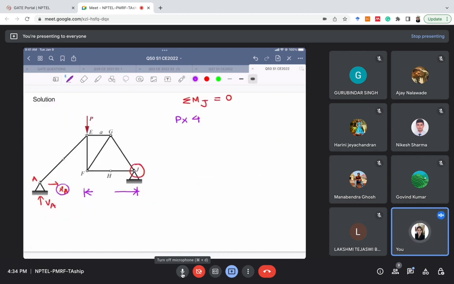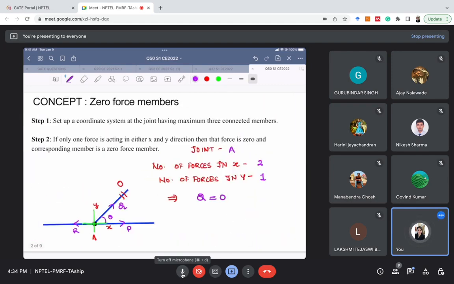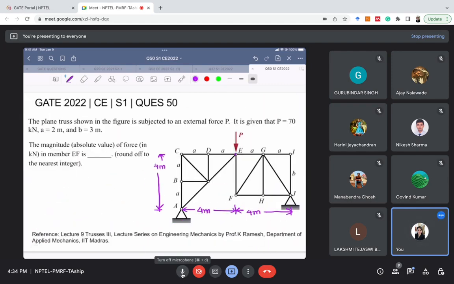There is HA, plus HA. What is the vertical distance between J and A point? This entire distance is 4 meter, and this distance is 3 meter. It is given. Therefore, the distance between J and A is 4 minus 3, 1 meter, right?